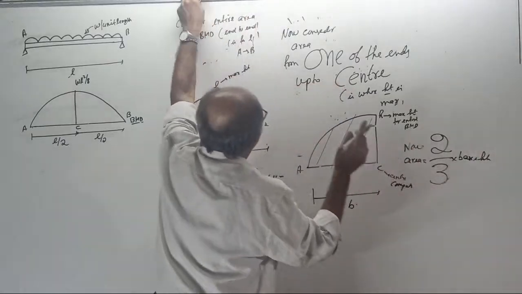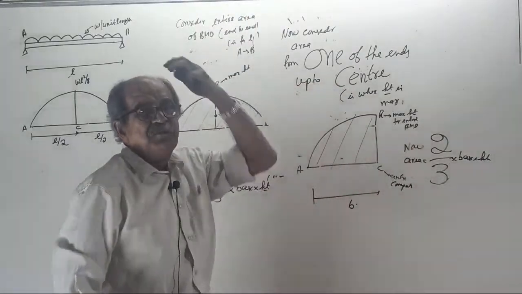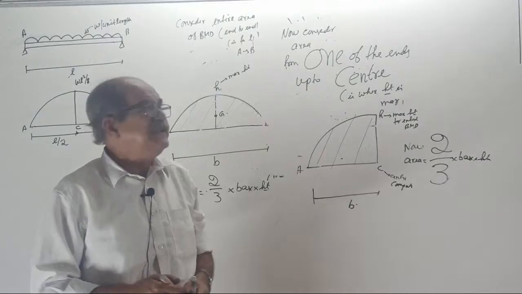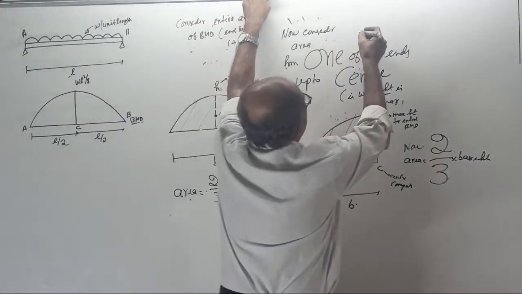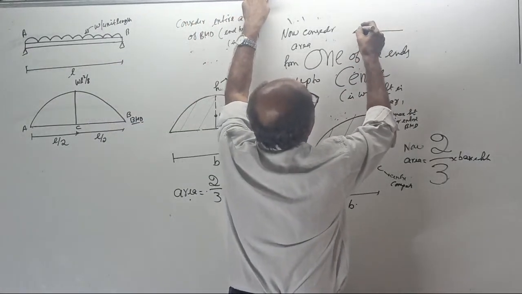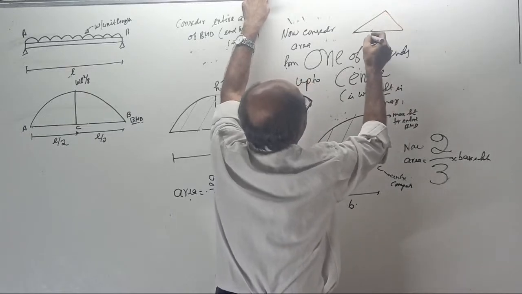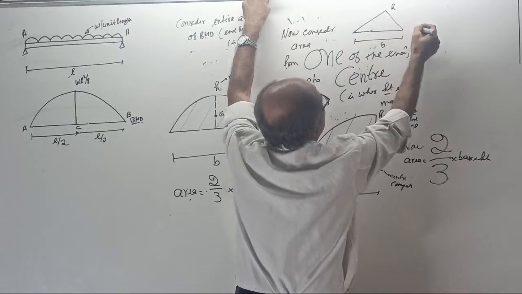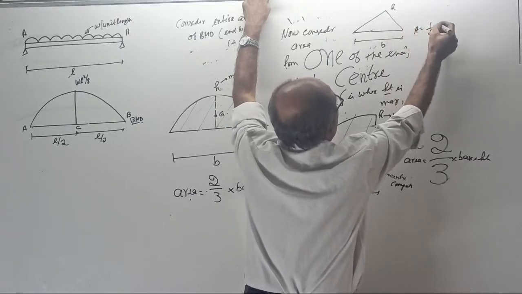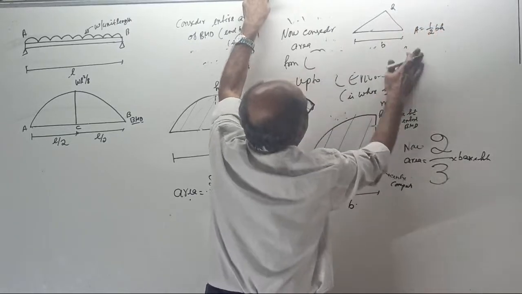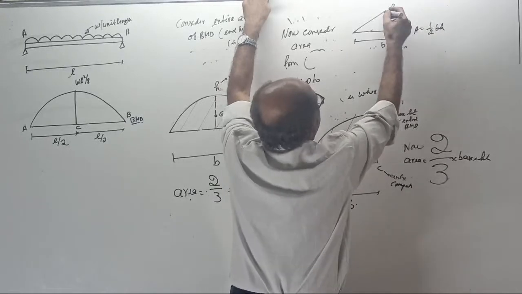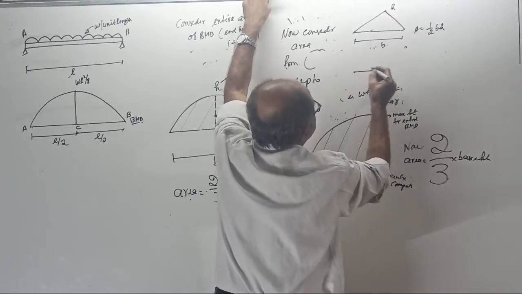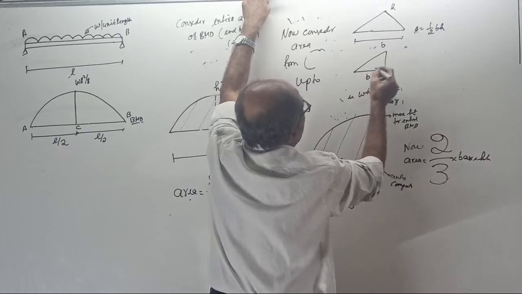One minute. Those people who gave the answer by mistake, I know. One minute now, tell me. This triangle, see, this is the base. This is the height. Area equals half into base into height. And full this way. Now, suppose you consider only half here, base and height.